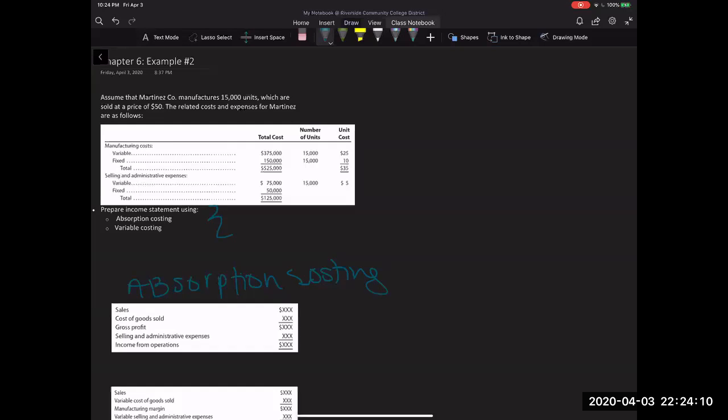So from here, let's go and plug this information into absorption costing. So we're doing the income statement. Okay. All right. So the first part is sales. It told us that we manufactured a total of 15,000 units and we sold them for a price of $50, right?